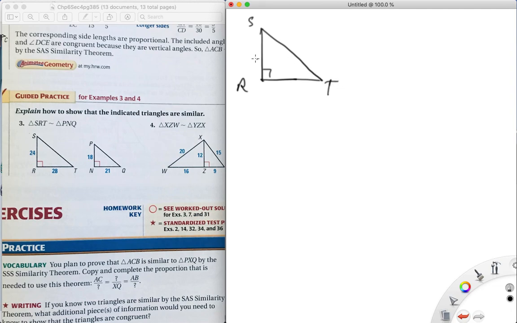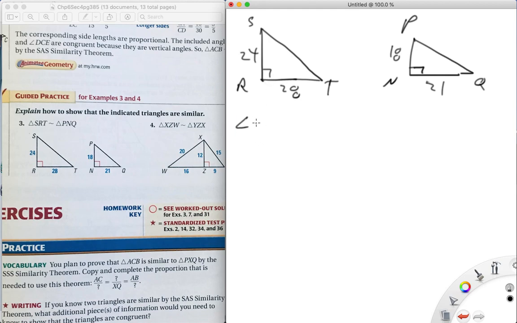RST. This is 24. This is 28. We have the smaller triangle, NPQ. This is 18. This is 21. Alright, so we already have one of the conditions for side angle side.